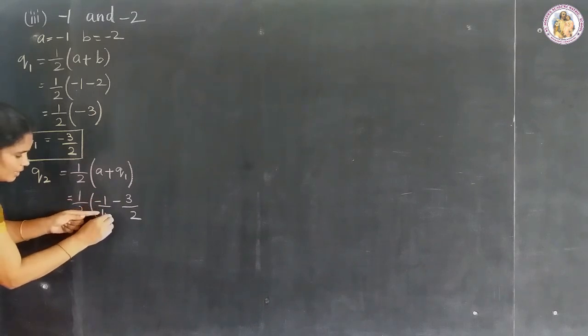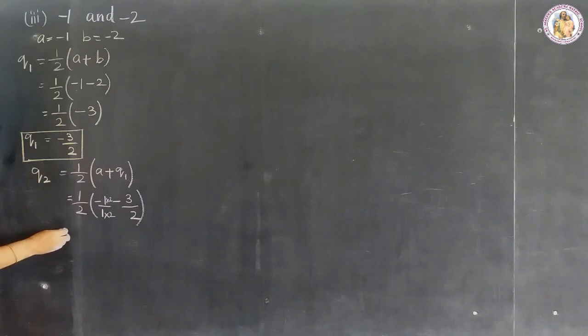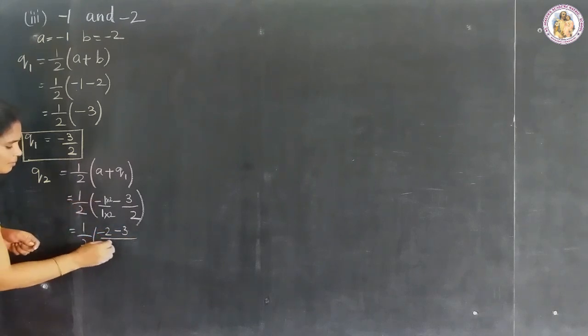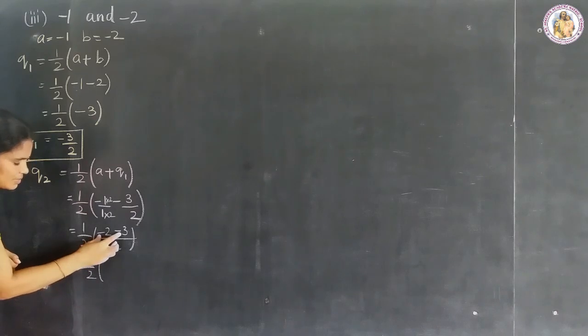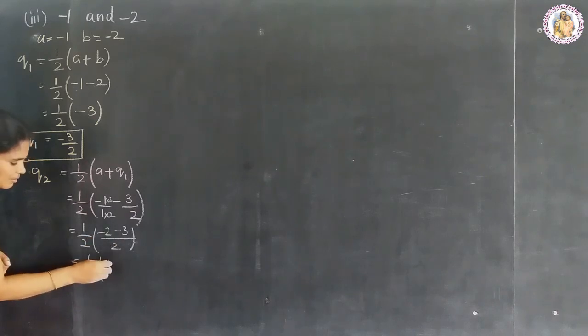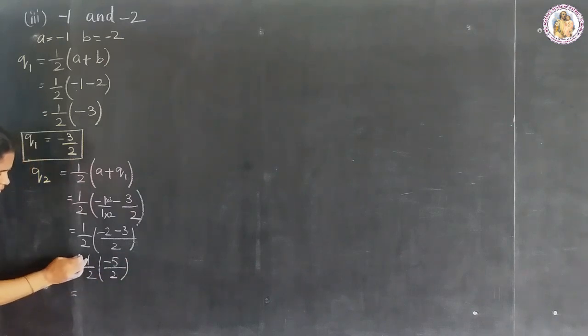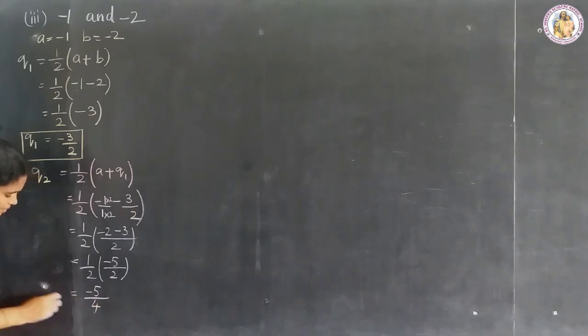So put 1 into 2, multiply with 2 for numerator as well as denominator. So 1 by 2 of 1 2s are 2, minus 2 minus 3 by 2 is equal to 1 by 2, same sign add, minus 2 minus 3, minus 5 by 2 is equal to 1 5s are 5 minus 5, 2 2s are 4. So Q2 is equal to minus 5 by 4.